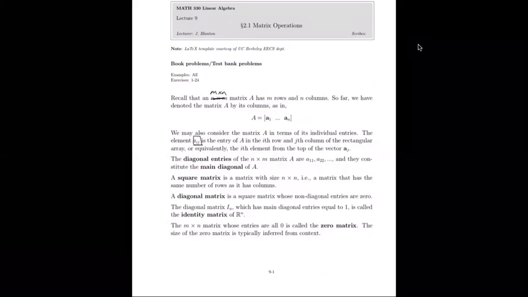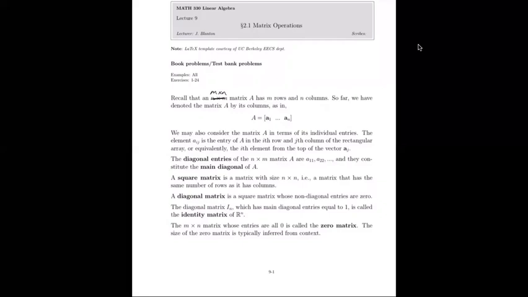So we go down to the ith row and then we move across to the jth column, and we're talking about this element Aij. We're talking about the vectors on the top. Of course, we're going to have that in bold, or for writing it, we'll have an arrow over the top of A to denote that it's a vector. So those are two different ways of accessing either a column or an actual entry of a matrix.